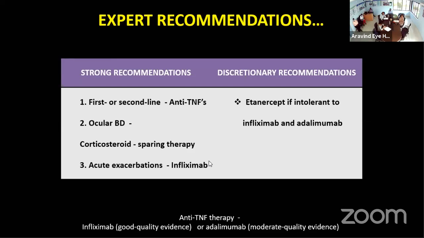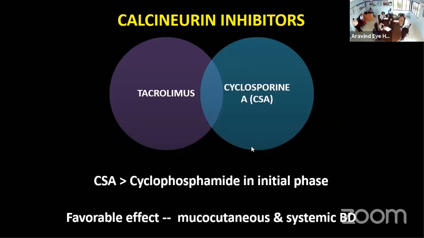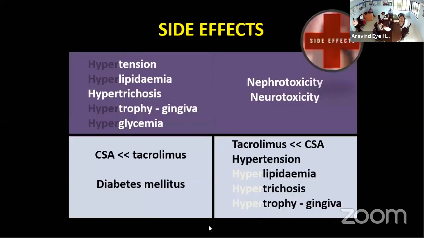For the discretionary recommendation, they said etanercept can be used if the patient is intolerant to infliximab or adalimumab. Towards the end of the class, you will see how this drug again failed, right? Then the calcineurin inhibitors: the two drugs are tacrolimus and cyclosporin. Cyclosporin, as I said, won the battle against cyclophosphamide. It has favorable effects, especially in mucocutaneous and systemic forms of Behcet's.